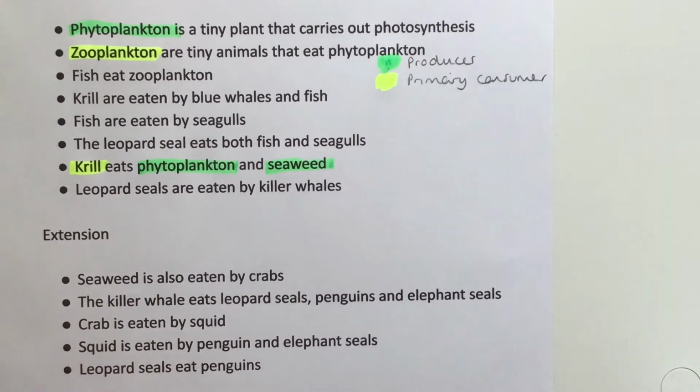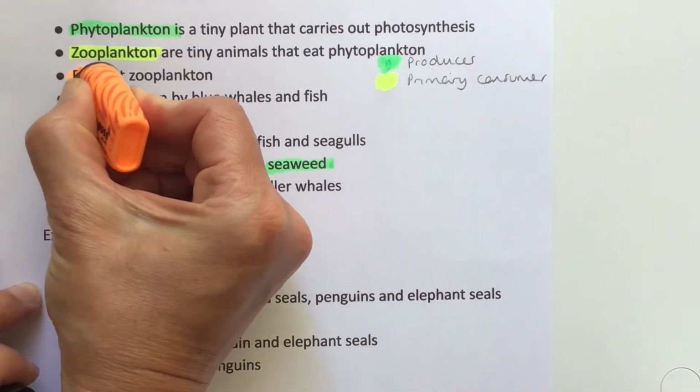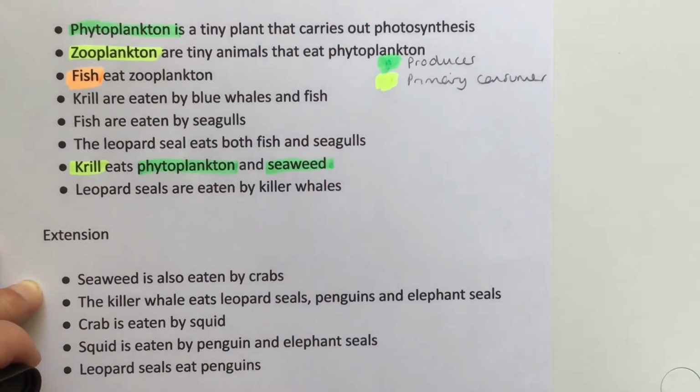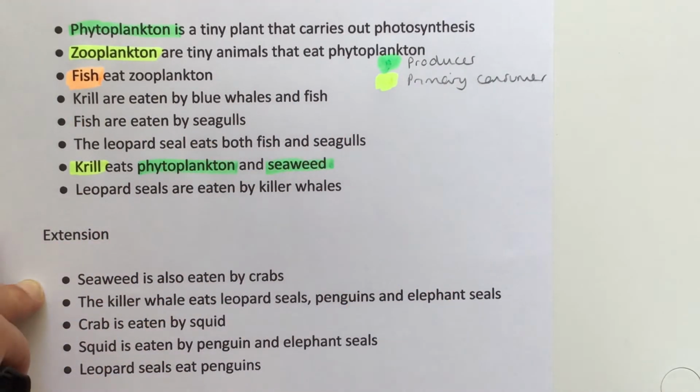Okay, so let's have a think now. What is eating the primary consumers? So let's start with the zooplankton. What is eating zooplankton? So here it says fish eat zooplankton. Is there anything else eating zooplankton? I can't see anything there.